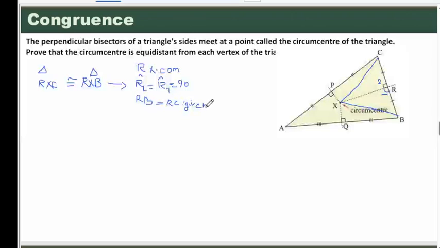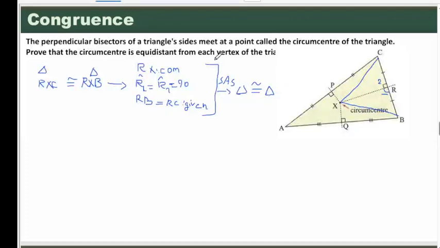Okay, so I could prove these two triangles are congruent. With which reason? I say SAS, two sides and the angle between them.